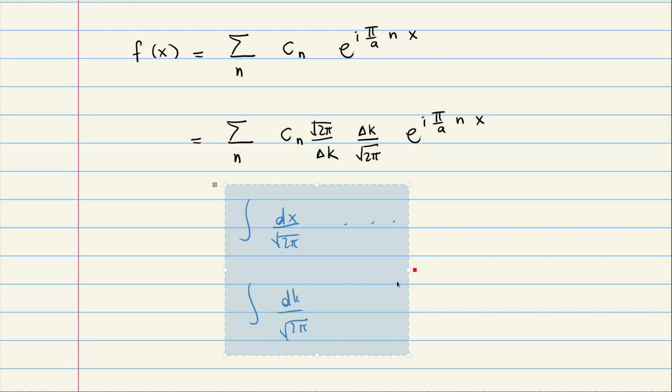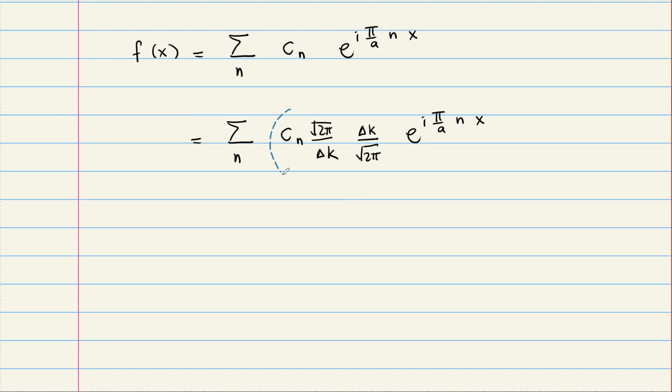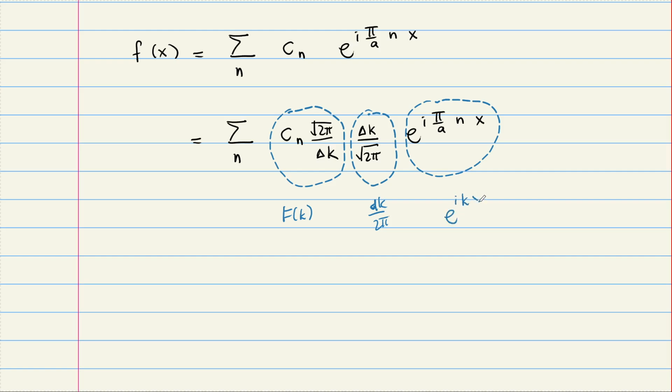So that's why I'm trying to put this, the summation will be an integral in a little bit, and I need this dk over 2 pi. That's why I have this here. Now this thing, I identify f of k. This thing, I'm going to identify it with dk over 2 pi, and this thing, I'm going to identify with e to the i k x.